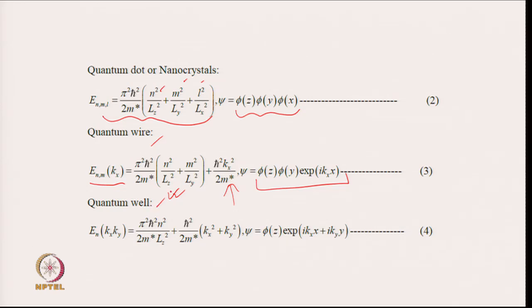In a quantum well, it is confined in only one direction, the z direction. So, the energy will depend on n only, and your wave function will be given by this equation. So, this is the way you can model an electronic material.